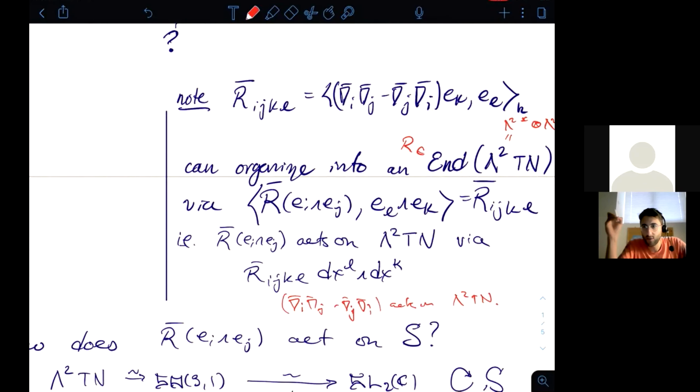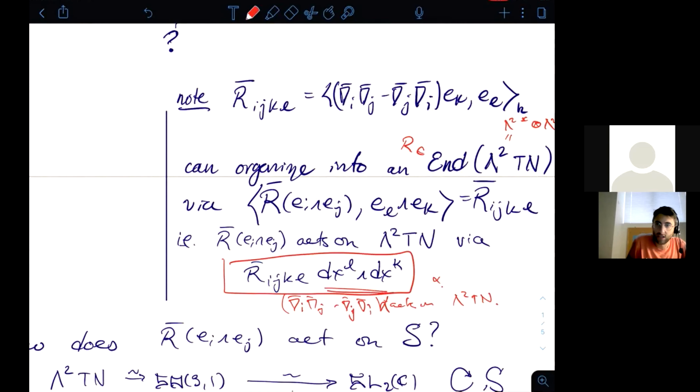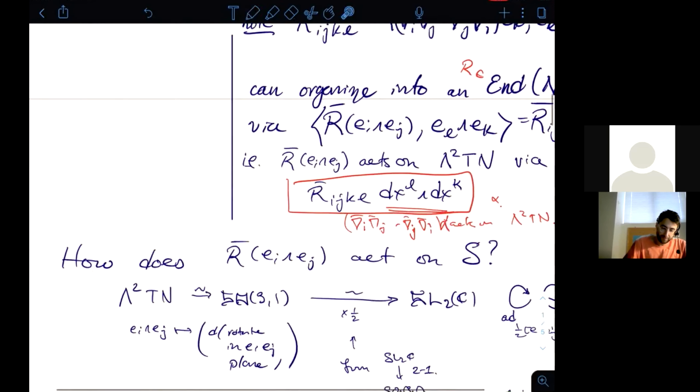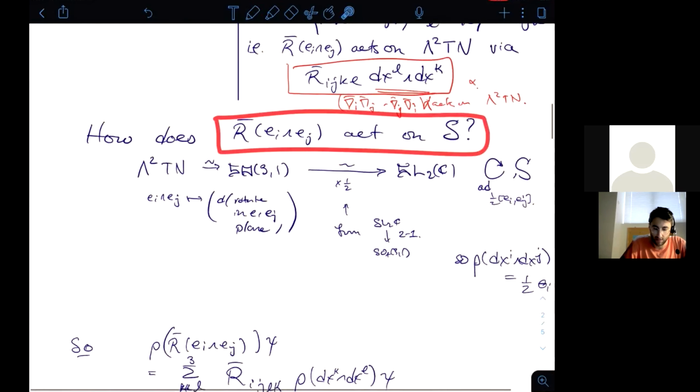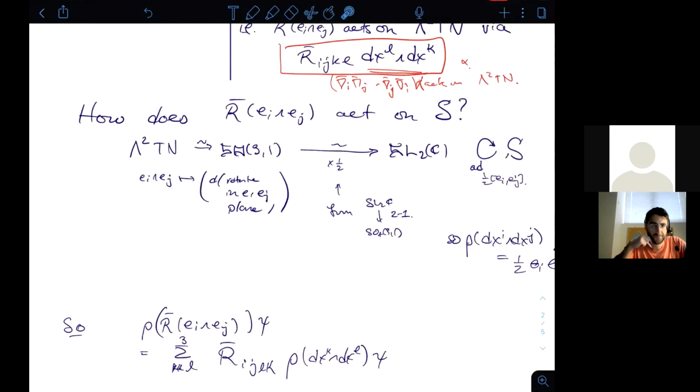So if I wanted to write down a formula, if I wanted to say, okay, this thing acting on some 2 form alpha, I would write down this thing acting on alpha, where we're interpreting this as a function on two forms, or pairing with the dual element of lambda 2. All right. So we know how it acts on lambda 2. We would like to understand how this acts on the spinors, the representation that we're interested in.